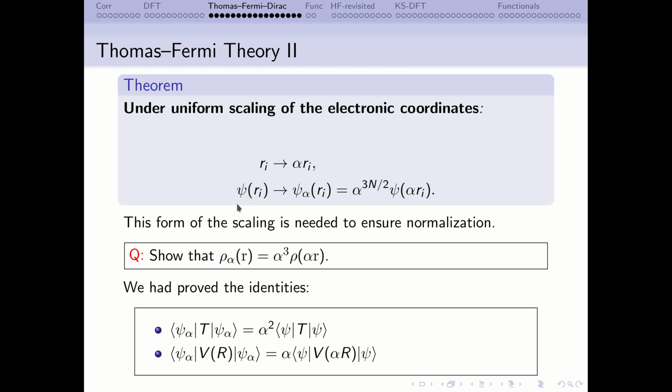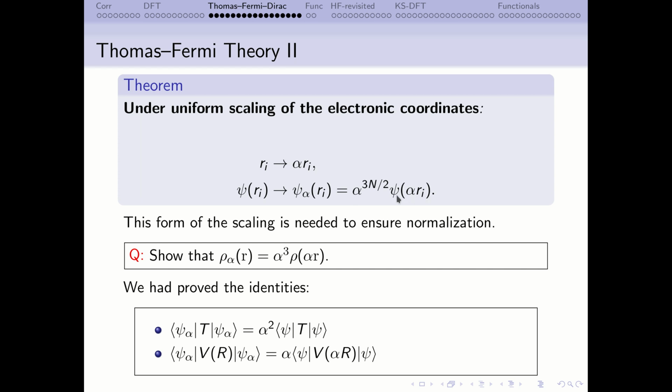And what we had showed in those lecture notes is that under uniform scaling, the wave function psi goes to psi alpha of Ri, and psi alpha of Ri was defined to be alpha to the 3N/2 times psi of alpha Ri. Wherever you see an alpha Ri, it means that all the electronic coordinates are scaled by alpha. Now you might say, is there a sum over Ri?